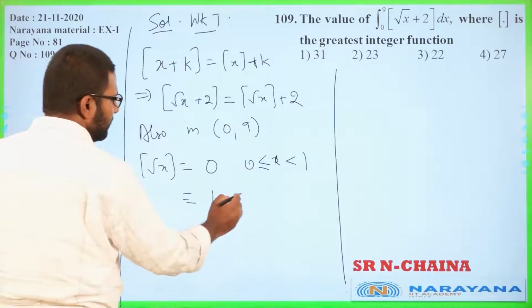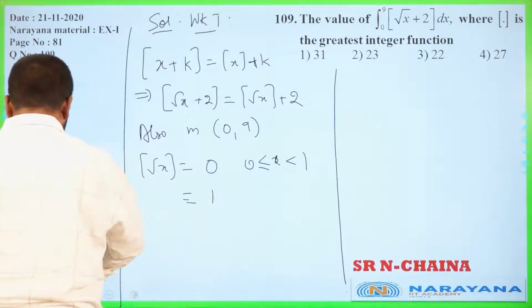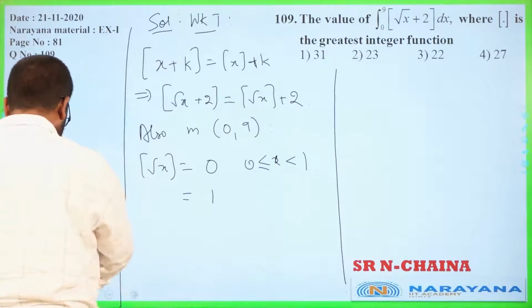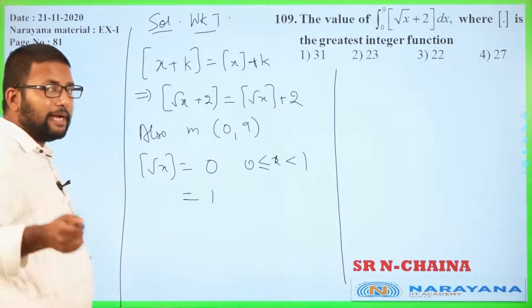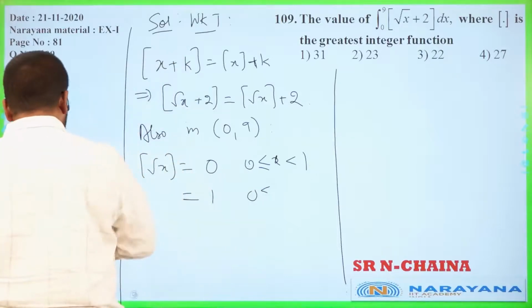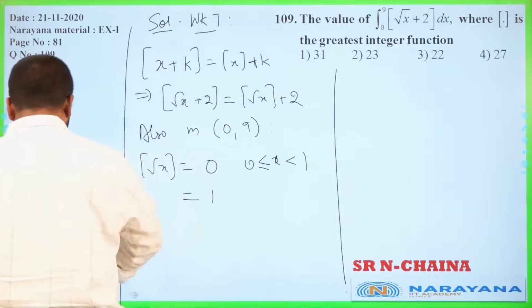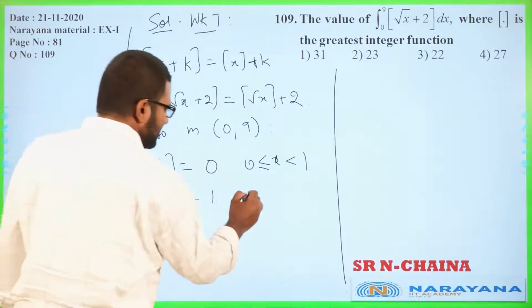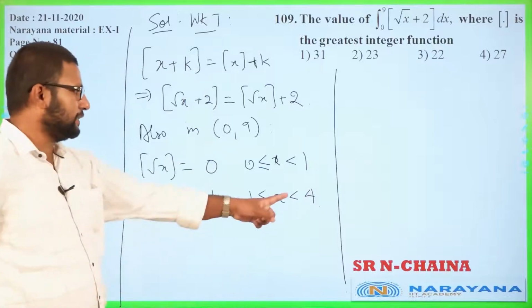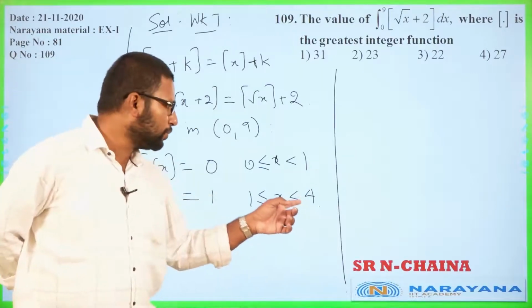It will be 1 where? When x lies between 0 to 2? No. When x lies between 0 to root 2? Again no. Sorry, I have been saying 0, I should have said 1. So x lies between 1 to 4. Now notice this, 4. Why 4? Because root 4 is 2.